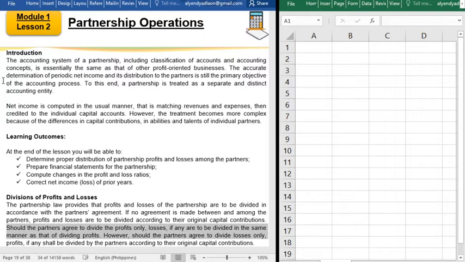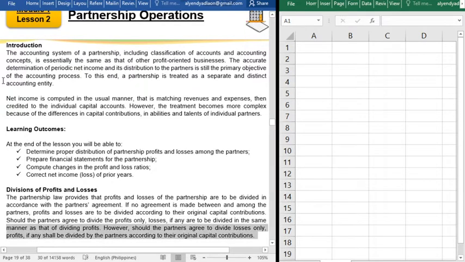But of course, when there is a different manner of allocating the profits and a different manner of allocating the loss, then that shall be followed. What the law says in this matter is just that if there is no agreement as to the loss, then whatever is the agreement on the profit should also be the manner of allocation of the loss.